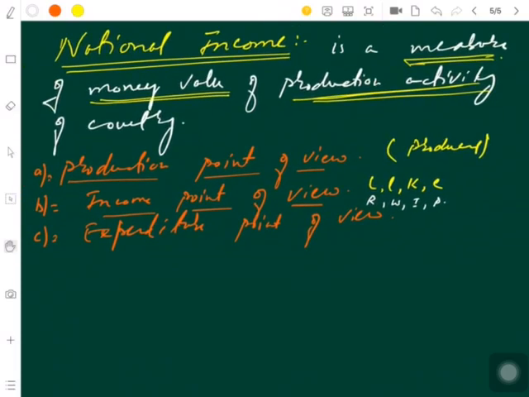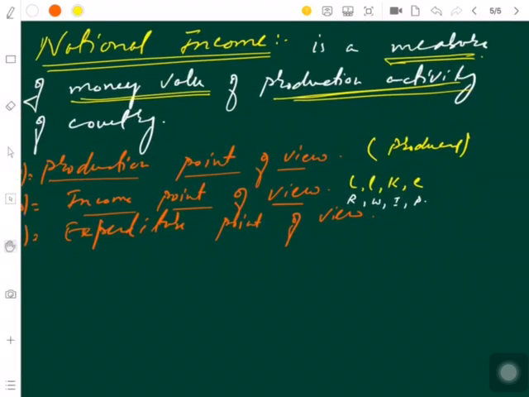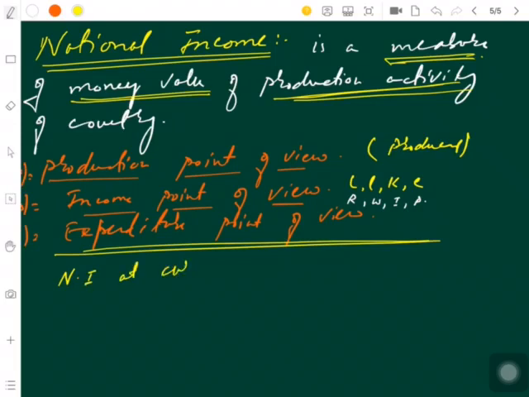So I'll now be defining national income, which I'll refer to as NI, at current prices, and national income at constant prices.